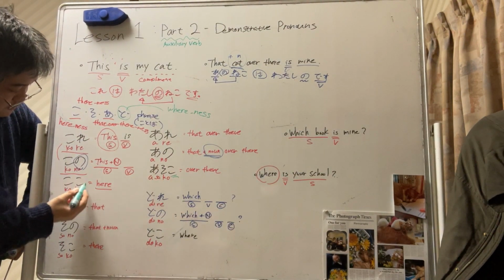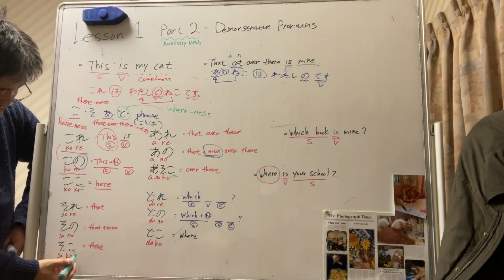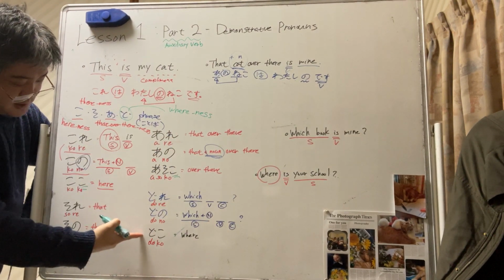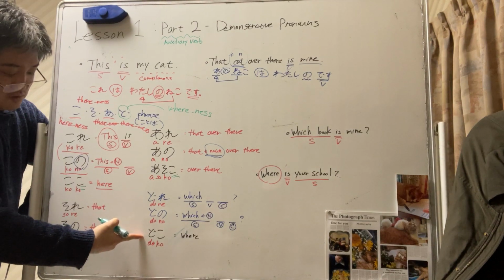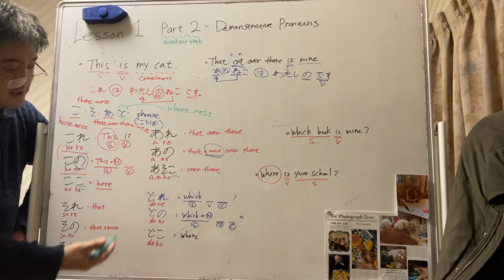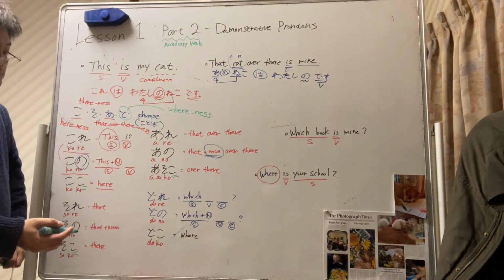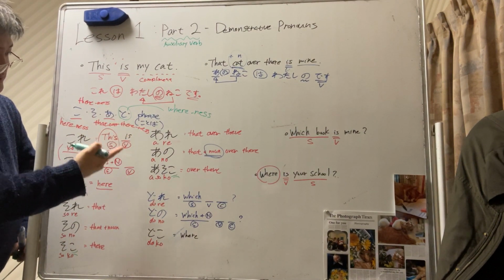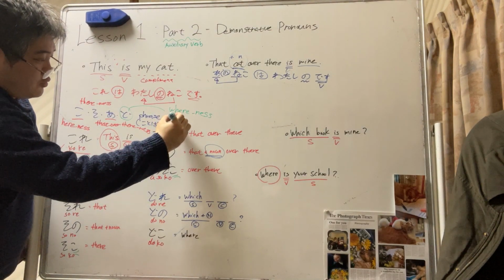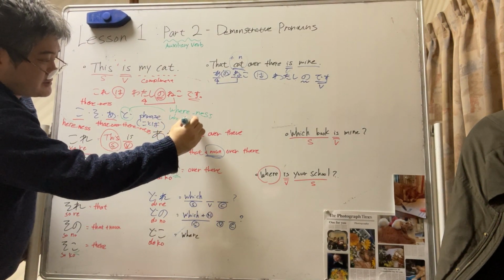You need ko to substantiate a place. So doko, as in here, doko means where, but you need ko to make it where. Now, what is left is this, awareness or whichness.